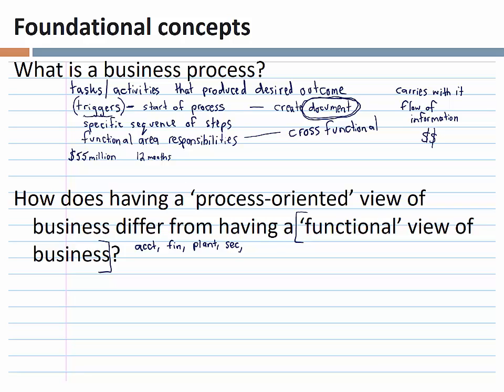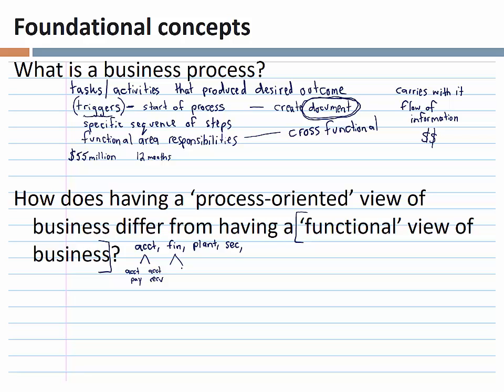And in fact, some of these areas have subdivisions. Like accounting would typically be broken up into accounts payable and accounts receivable, and perhaps other subdivisions as well. Finance could be similarly subdivided. So depending upon the size of our organization, we might have a lot of these different functional areas.